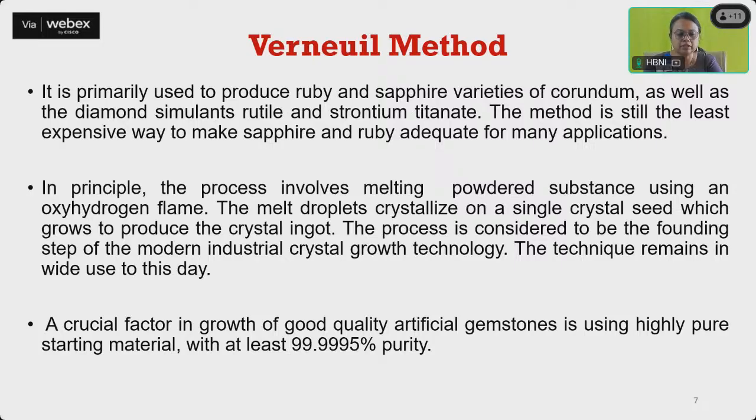The Verneuil method is generally used for the production of ruby and sapphire varieties, and this process involves melting a powder substance using an oxygen and hydrogen flame. The melt droplets crystallize on a single crystal seed, which grows to produce the crystal ingot. In all the melt growth techniques, we generally start with a single crystal seed on which the crystal growth takes place. This is an example of homogeneous nucleation.